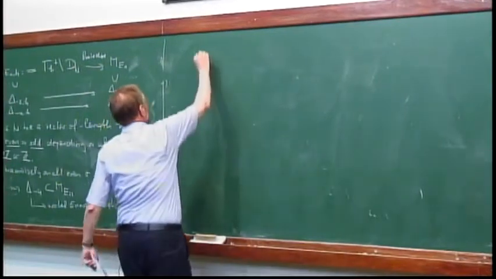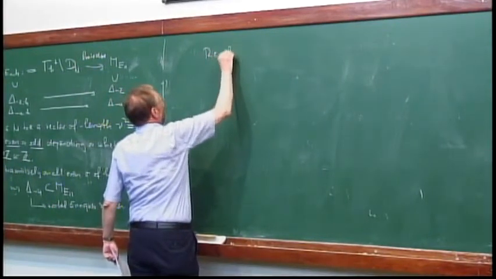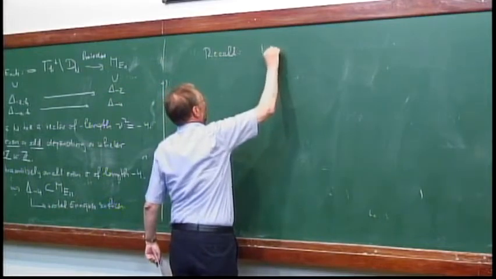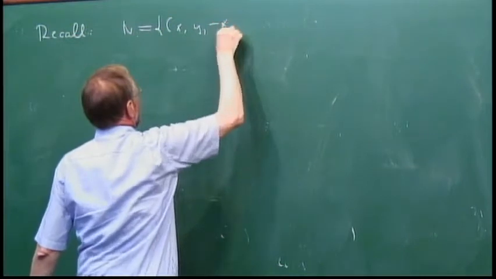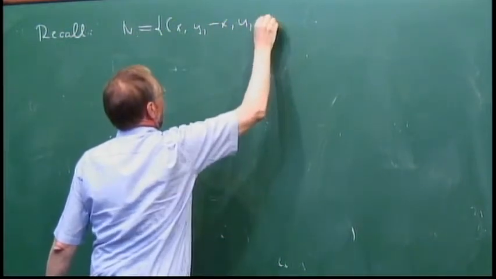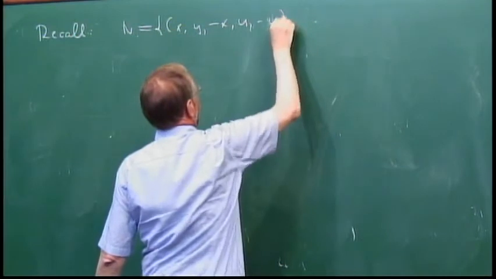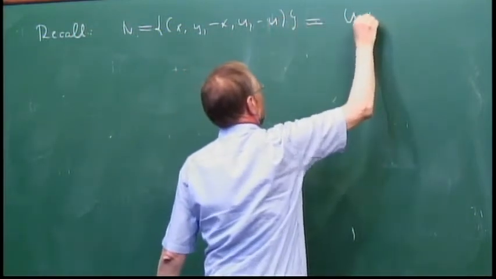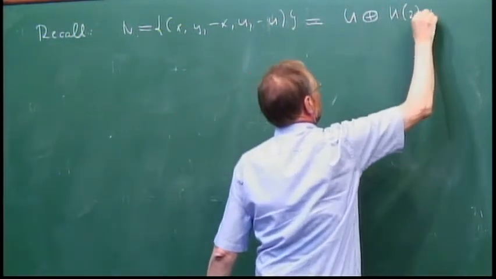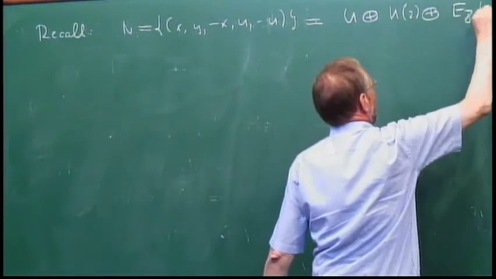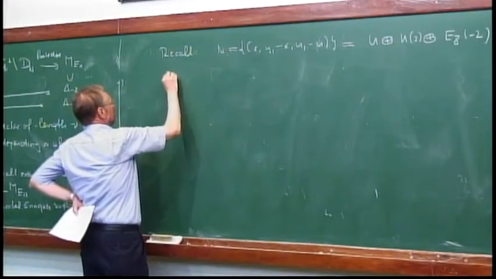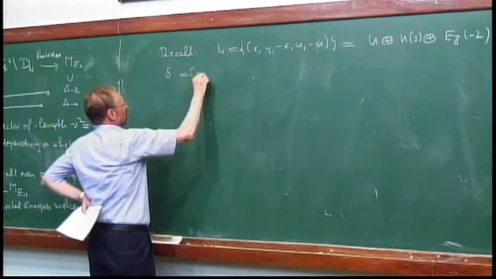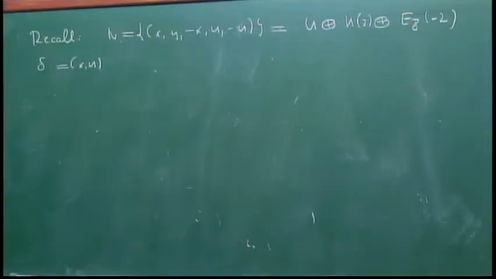So if you recall that the n was all vectors x, y minus xu minus u, which is u plus u2 plus e8 minus 2, and I say I want to put delta xu, and then there's the following fact.